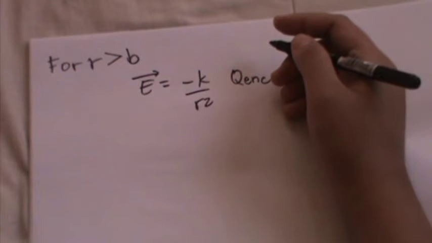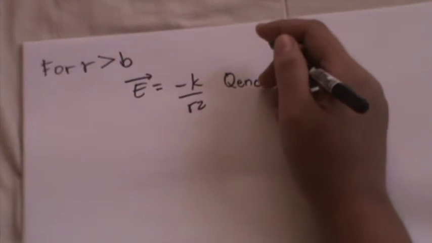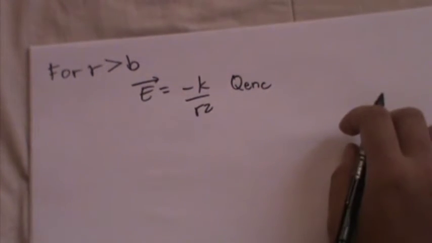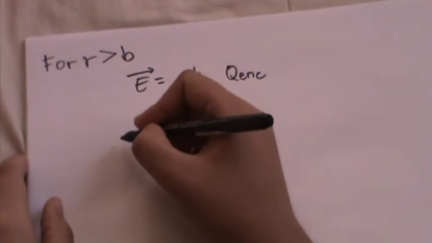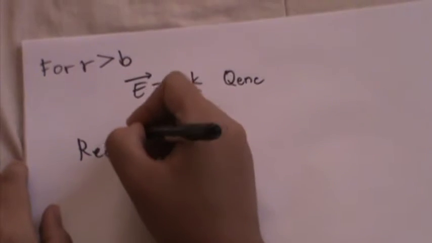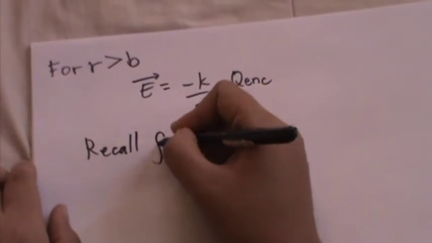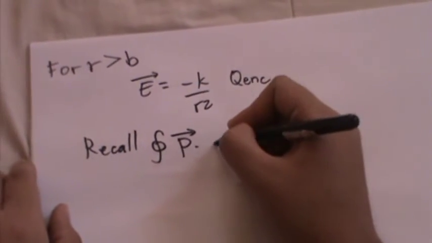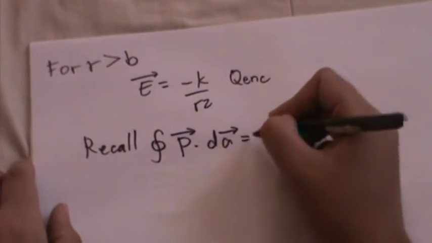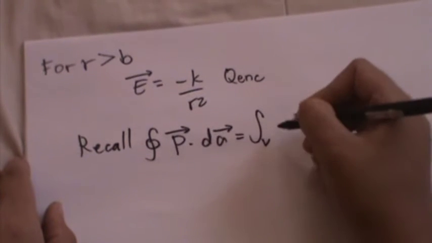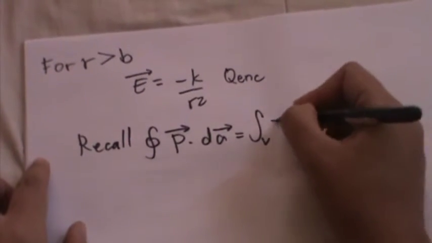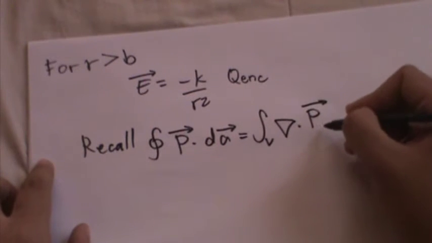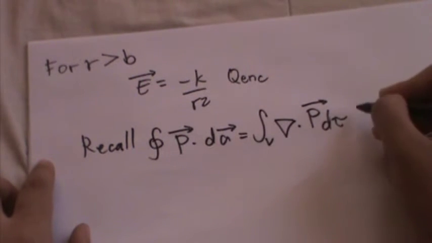And therefore, according to the divergence theorem, if you recall, the closed surface integral of vector P dotted by dA is equal to the integral over the volume of the del operator dotted by vector P d tau.